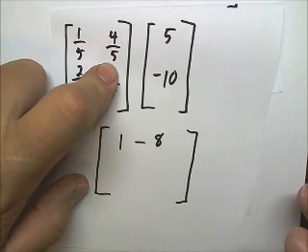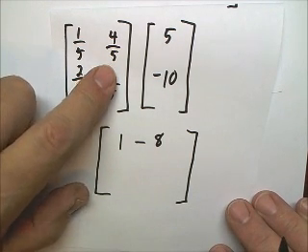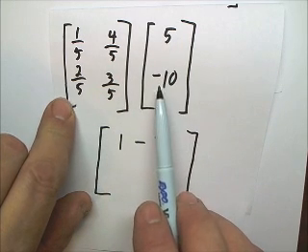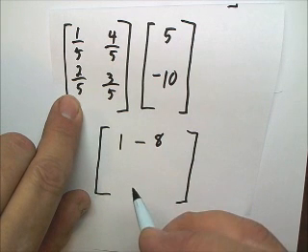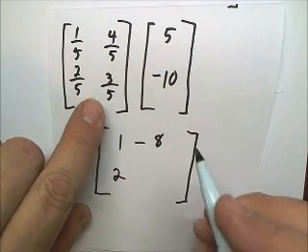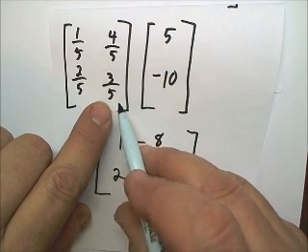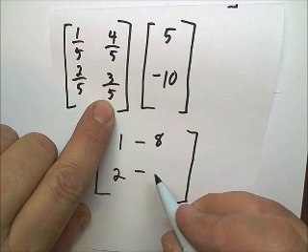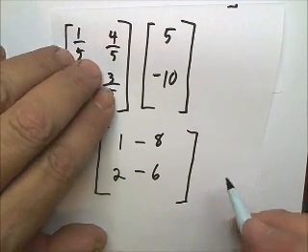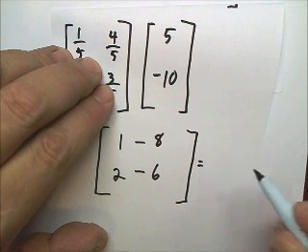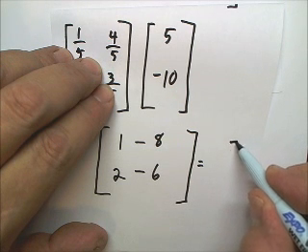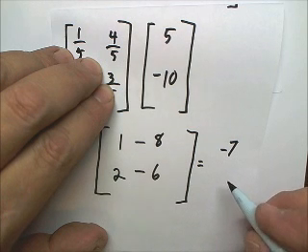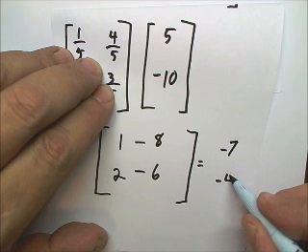And then to get this, it's going to be 2/5 times this. 2/5 times 5 is 2. And 3/5 times negative 10, it's negative 6. So this is equal to negative 7, and this is equal to negative 4.